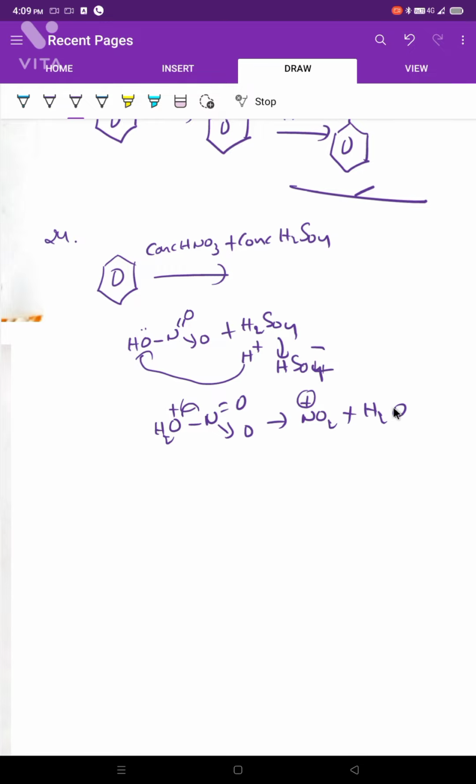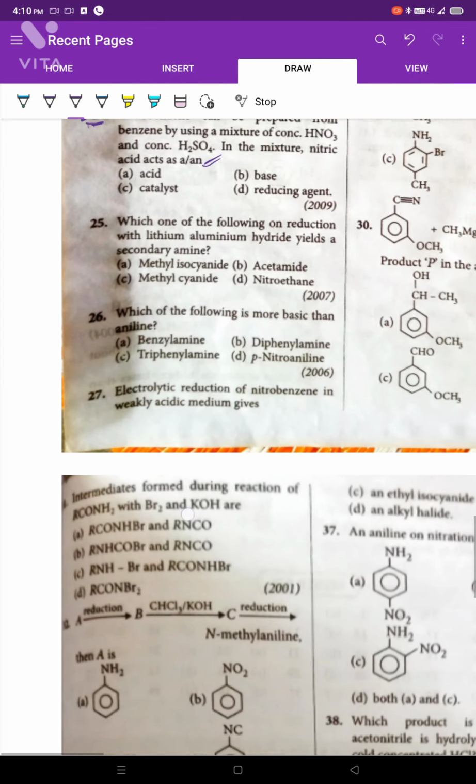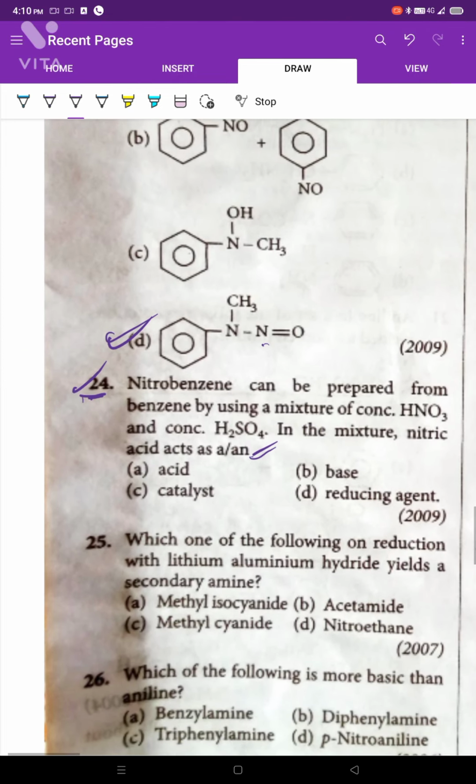So H plus is donated by H2SO4 and OH is donated by HNO3. In this case HNO3 acts as a base and H2SO4 acts as an acid. So the question is solved here: nitric acid acts as base, H2SO4 acts as acid.